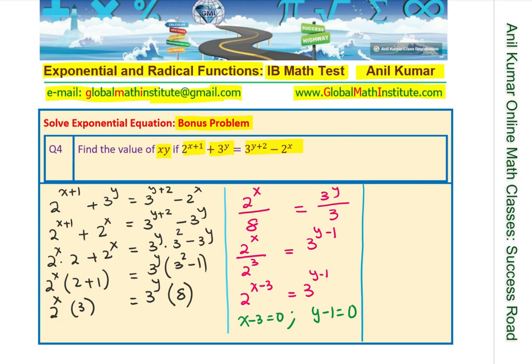Because then we know anything to the power of 0 is 1, so we get 1 equals 1. So we have one solution: x equals 3 and y equals 1. Makes sense? Perfect, because that will make 2 to the power of 0 equal to 3 to the power of 0, both equal to 1.